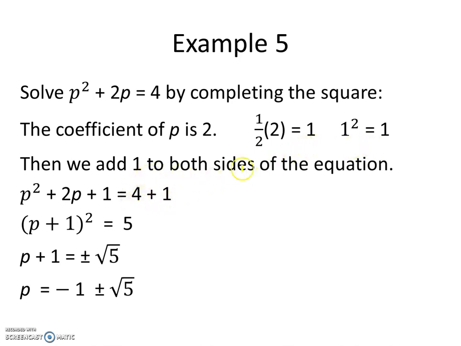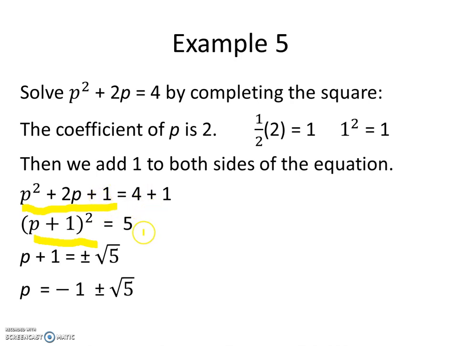So then we add 1 to both sides of the equation. What that does is makes the left part of the equation a perfect square. And sure enough, it is the quantity p plus 1 squared. On the right side of the equation, we also had to add 1 to keep everything equal.